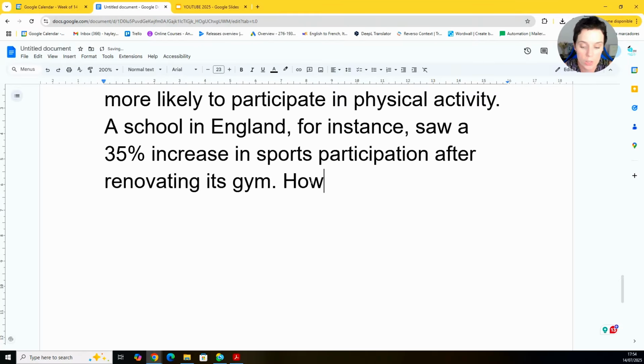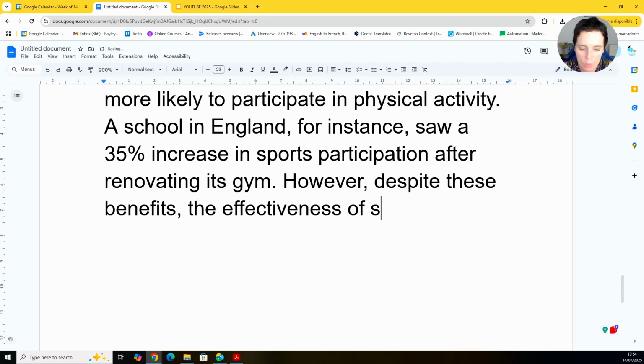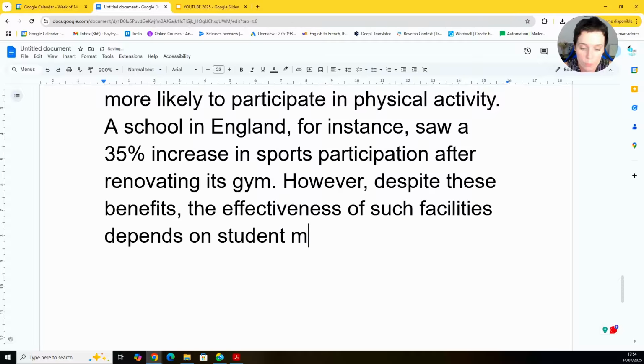So we're contrasting, so I need a contrasting linker. However, despite these benefits, so again, I'm linking back, I'm referencing the previous paragraph, okay? Despite these benefits, the effectiveness of such facilities depends on student motivation and timetable.